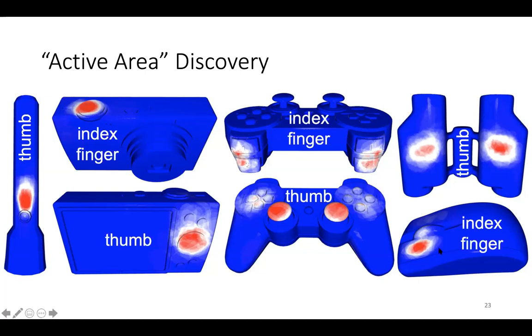We see that, for example, if you look at which areas on the mouse are likely to be contacted by the index fingertip, we see that very frequently the index fingertip is touching this kind of button area. And you can see the same for flashlight buttons, camera buttons, things like that.